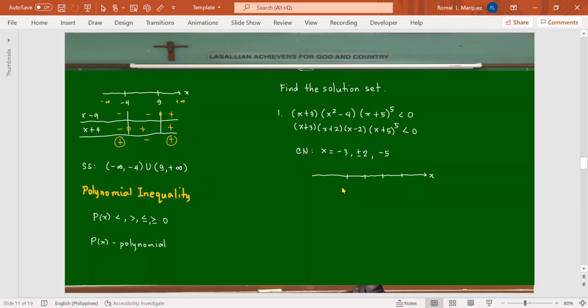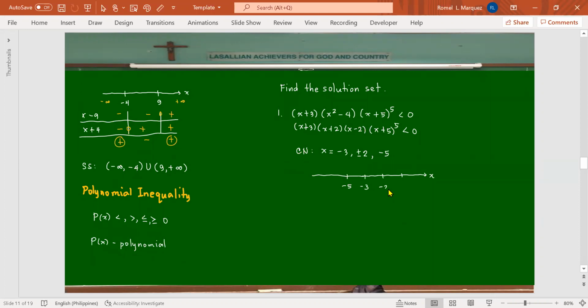So we have negative 5, negative 3, negative 2, positive 2. There is no 0. Am I correct now? Yes, sir.